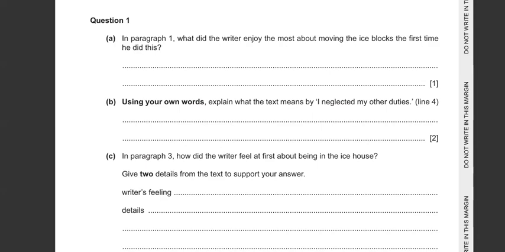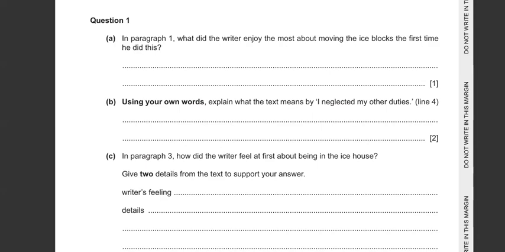For an explicit question, as I have mentioned in my lectures before, you are allowed to lift from the text. But if we look at this aspect from the language rules, this is a comprehension, and comprehension means to show your understanding, and your understanding is going to be shown by using your own words.